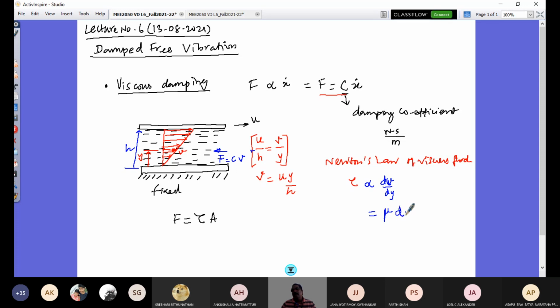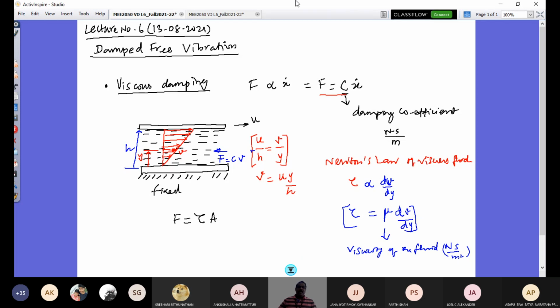So mu times dv by dy is the shear stress. So the shear stress in a fluid layer is a function of the velocity gradient, and the proportionality constant defines the viscosity of the fluid. And that is given in units of Newton second per meter square.